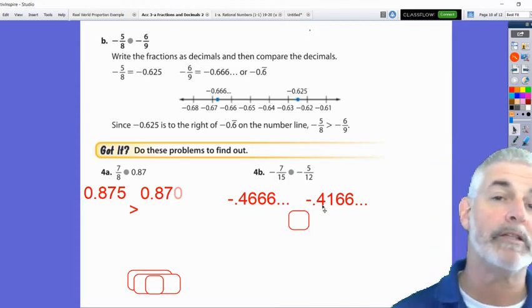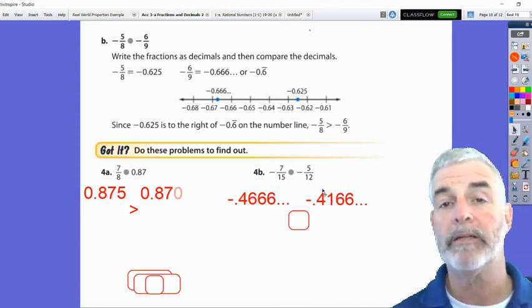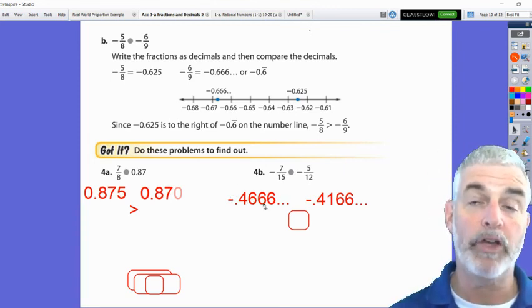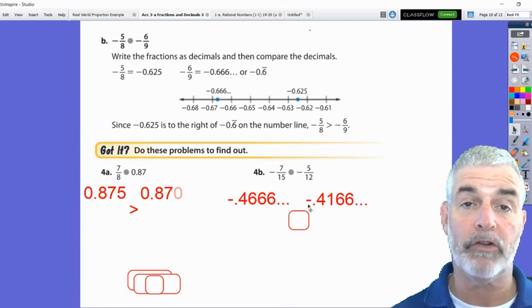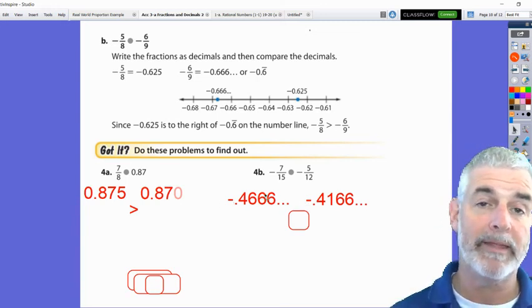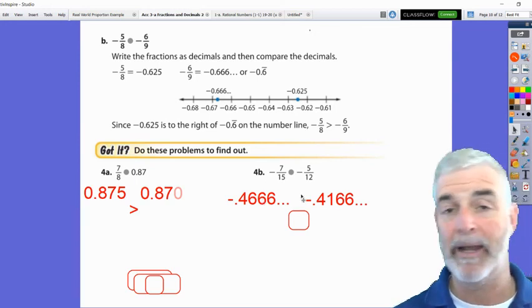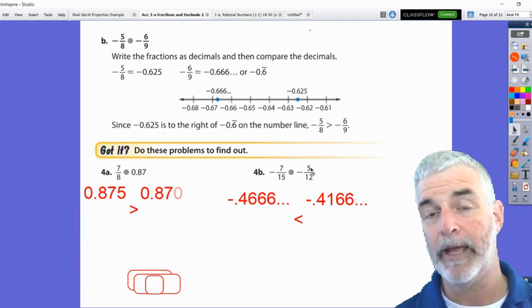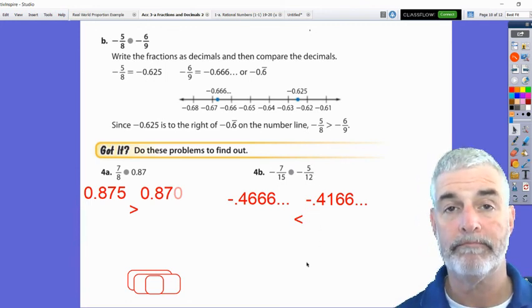So in the tenths place, they're the same, but in the hundredths place, this one's a 1, this one is a 6. This absolute value is larger, but these are negative numbers, meaning that this number is actually to the left on the number line. It is less than this. So negative 7/15 is less than negative 5/12.